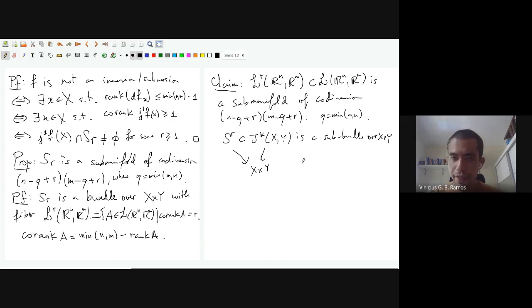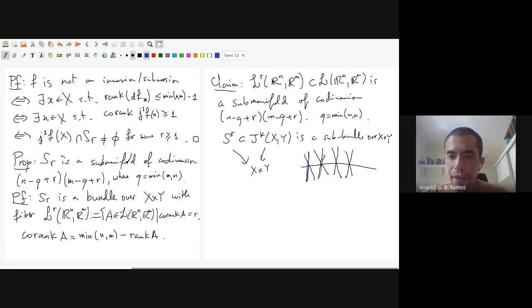Okay, so maybe I can draw a picture so you can see what's happening. Say that you have over each point, you sort of have this. So this is my representation of, like, over each point you have a plane. And then the subbundle says that one, I'm not going to be able to draw this. Okay, good.